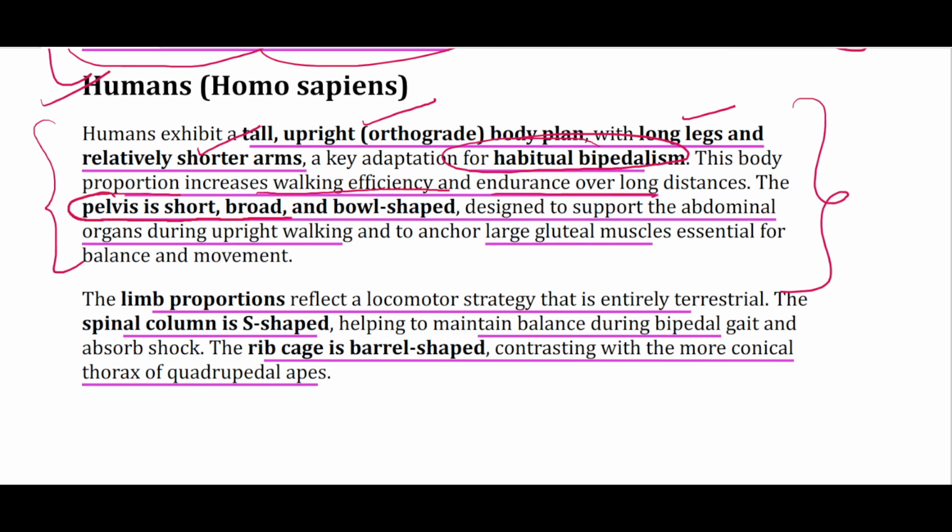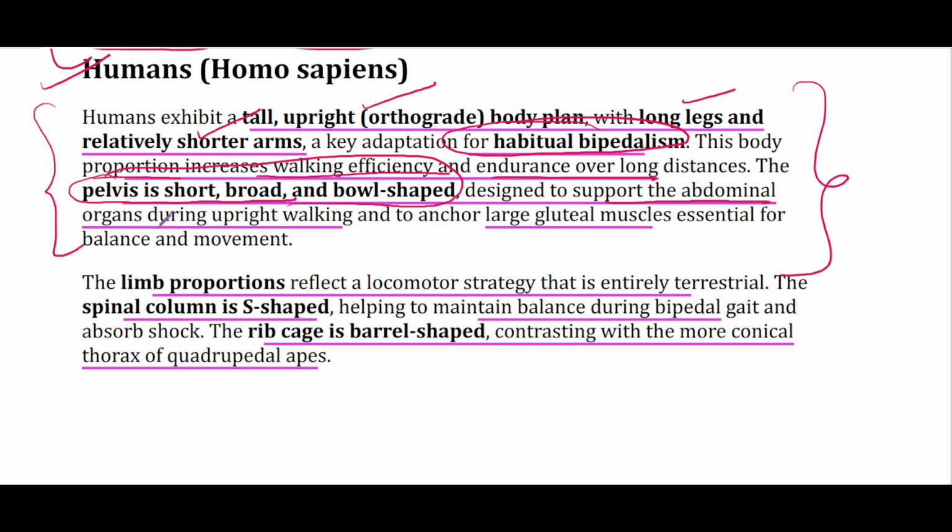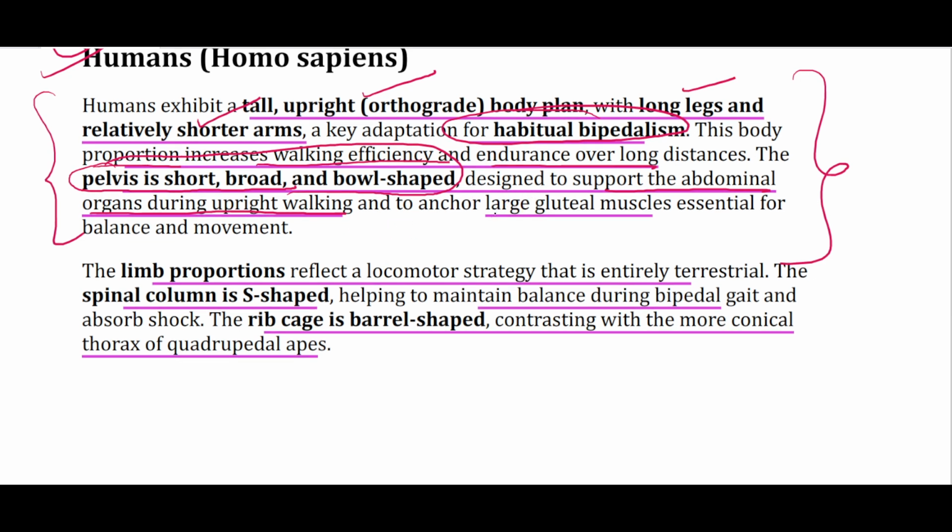Then humans have a short, broad, and bowl-shaped pelvis, and this pelvis supports the internal organs, the abdominal organs, during upright walking, and we also have large gluteal muscles that are essential for balance and movements.